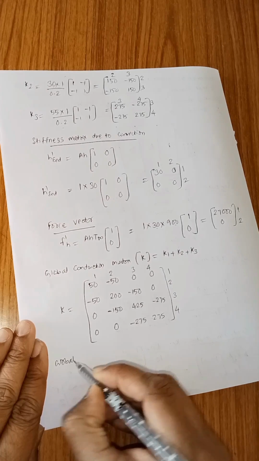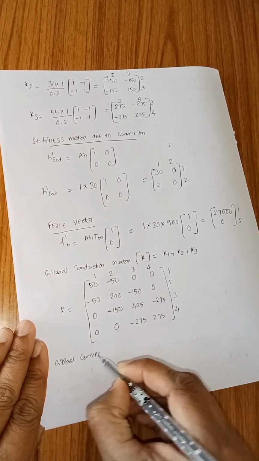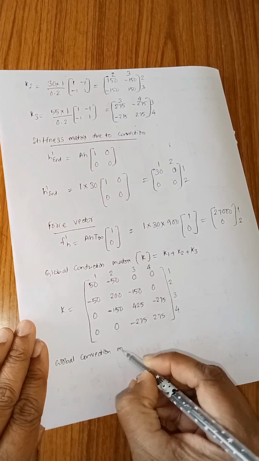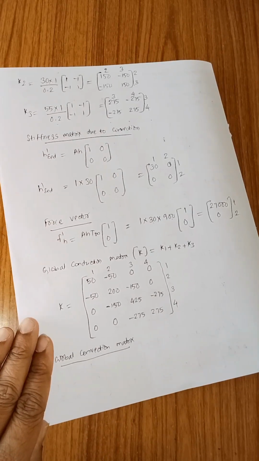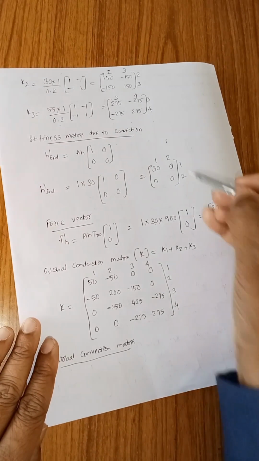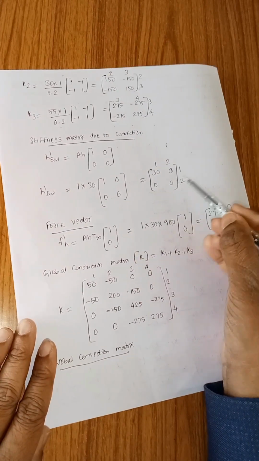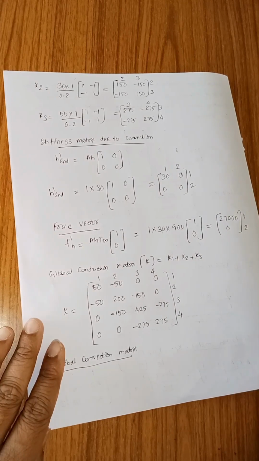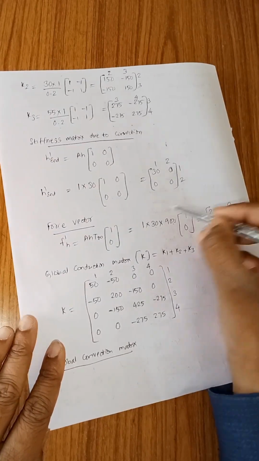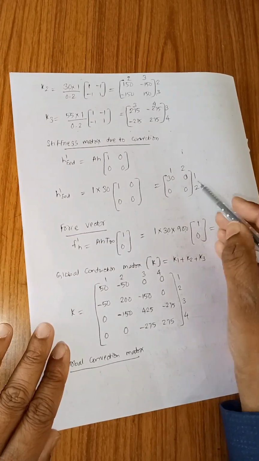So the global convection matrix. Later on you will have to add both. How are you going to write the global convection matrix? Already we have written this convection matrix for 2 nodes, but when you have to expand it to 4 nodes, no other elements are present, so directly you can write 0.